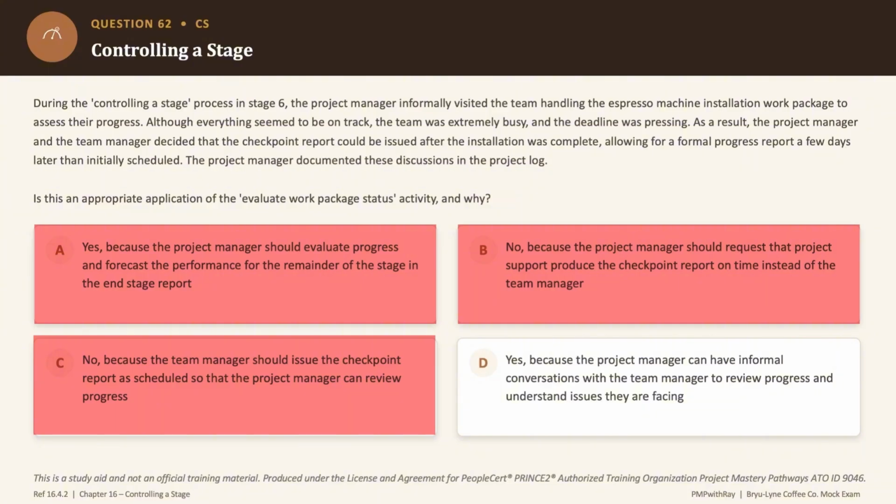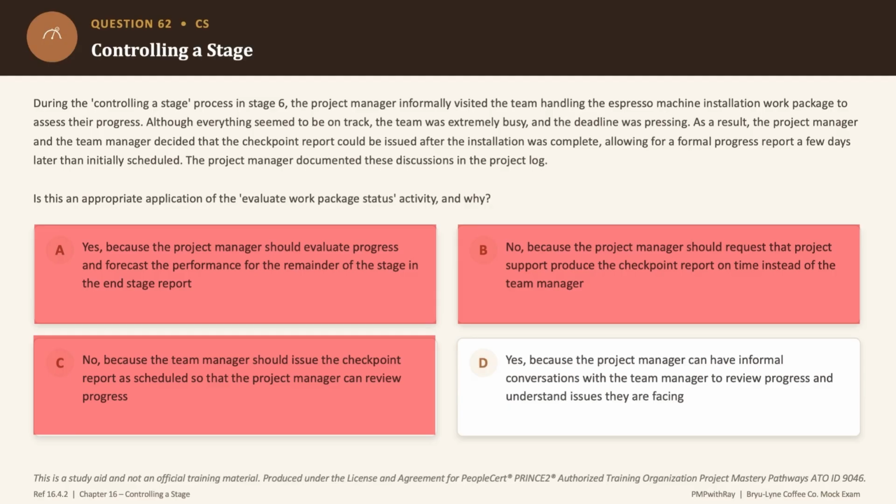So if there is an internal alignment between the project manager and the team manager to tweak the frequency of reporting, that is completely acceptable as per the PRINCE2 methodology, provided, very important, that no misinformation or incorrect information is being transferred. So that is why option C is incorrect.